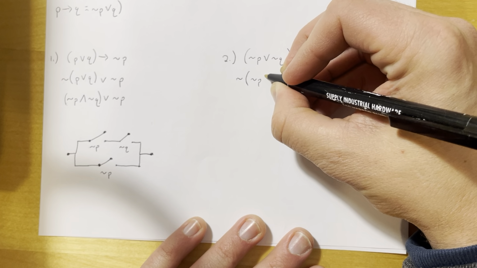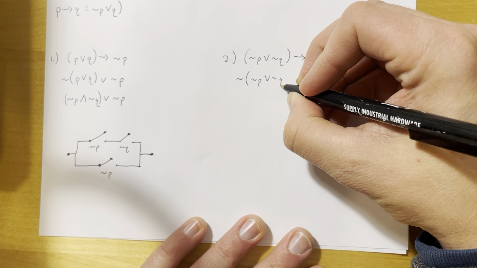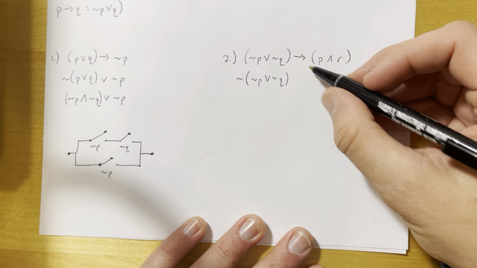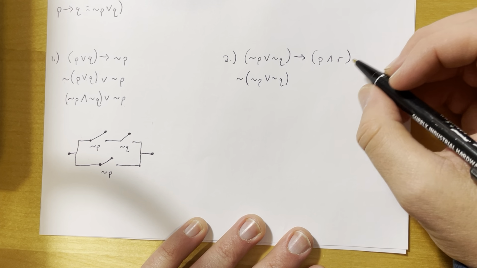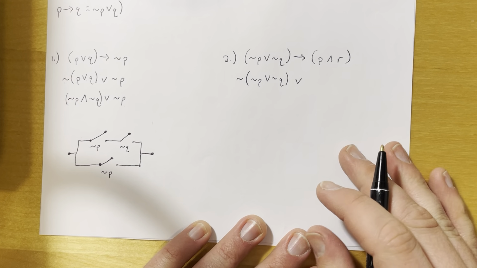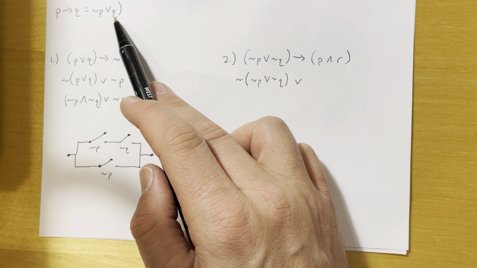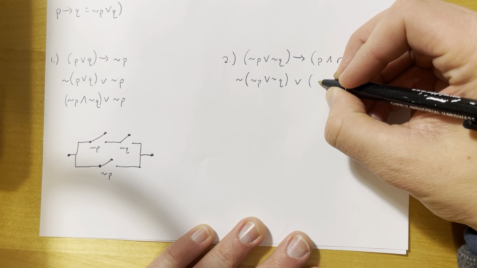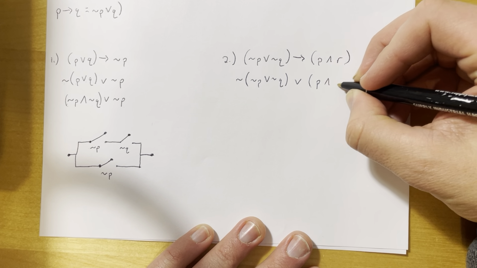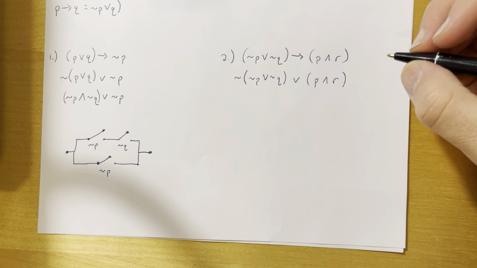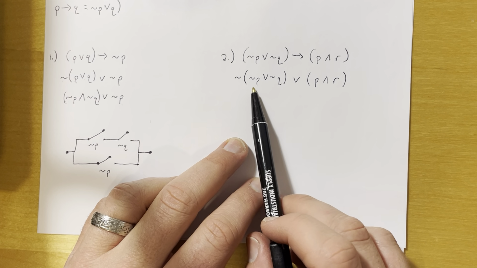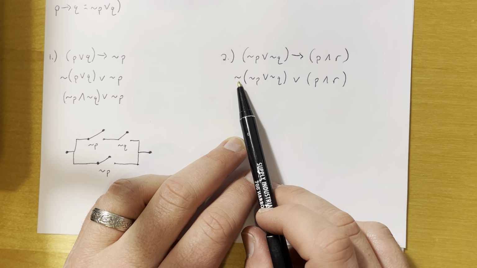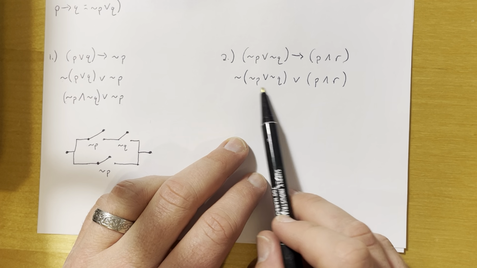Not, then in parentheses, not P or not Q. And that arrow is going to change to a disjunction, and the consequent, Q, I'm not taking the negation of. It's just the same thing that I already have written there. P and R.